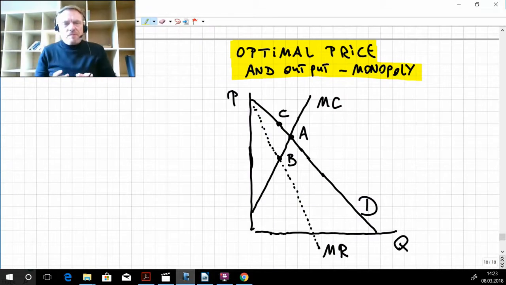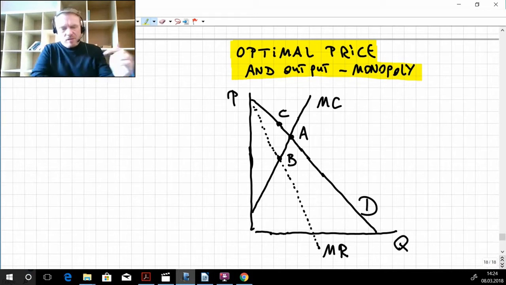If you first take a look at the demand function indicated with D. There's the demand function, and there's marginal cost, and of course there's marginal revenue, the dotted line. Then marginal costs and marginal revenue need to be equal to one another, and if they are, the quantity demanded can be derived, which is here.